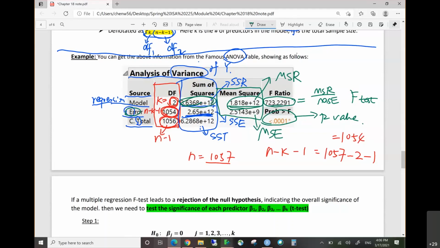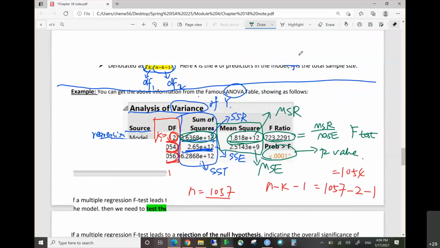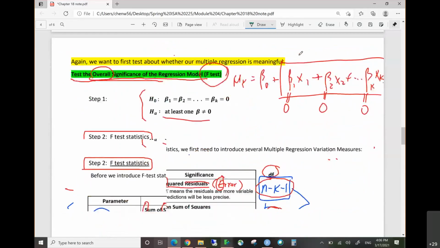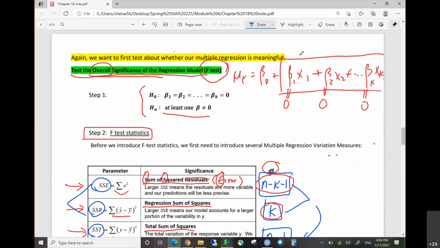And once we have the F test statistic and the corresponding p-value, everything comes back to our hypothesis test. If your p-value is very small, less than the alpha, that means we reject the null hypothesis. That means we have enough evidence to support that the multiple regression is meaningful.